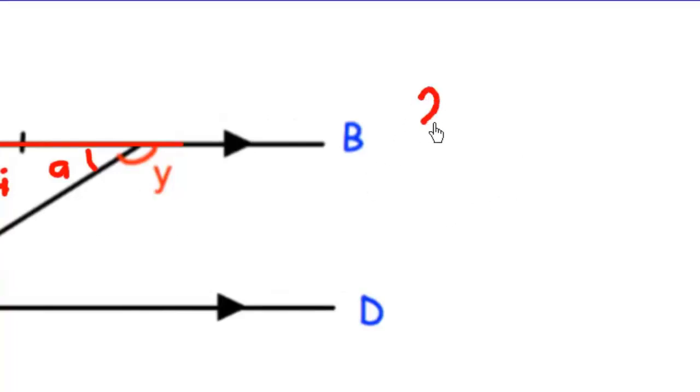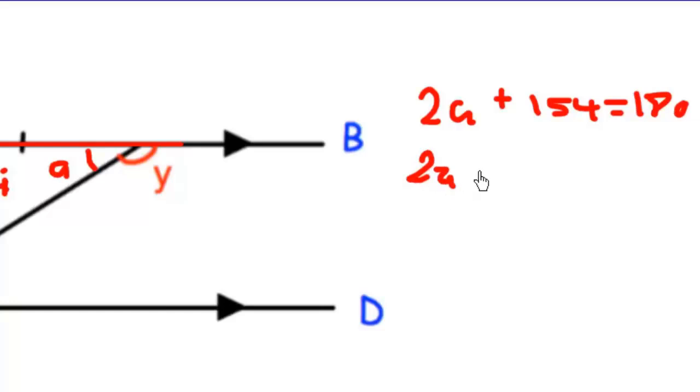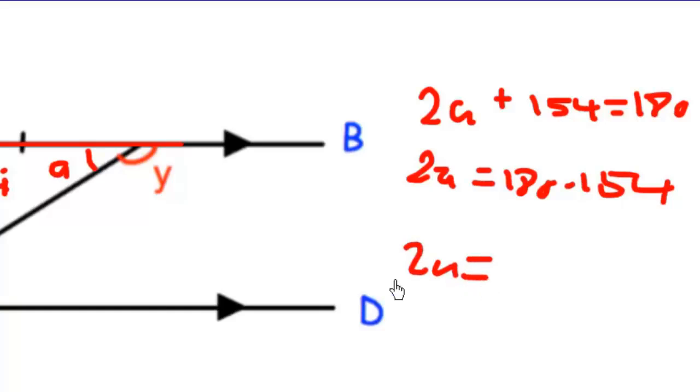So 2A plus 154 is equal to 180. So 2A will be equal to 180 minus 154. So 2A is equal to 26, and my A is equal to 13 degrees.